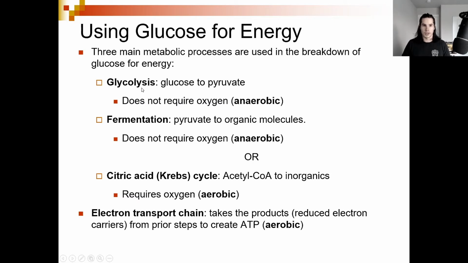So glycolysis is when sugar enters your cell, you break it down into pyruvate. That pyruvate, in the presence of oxygen, will be sent to your mitochondria, and then within your mitochondria, you get this other preparation step called pyruvate oxidation, which prepares that pyruvate for the Krebs cycle. You've probably heard of the Krebs cycle maybe in your high school biology classes before.